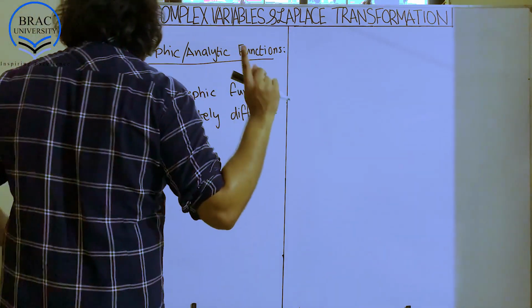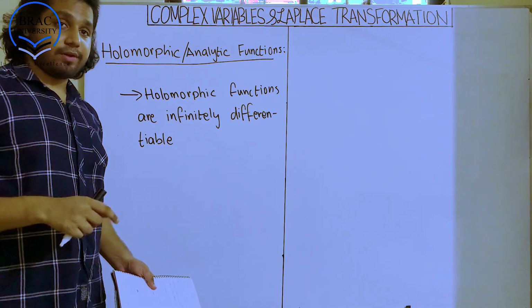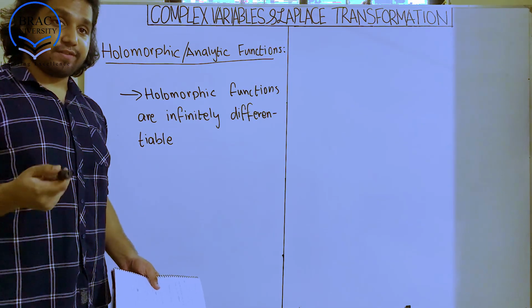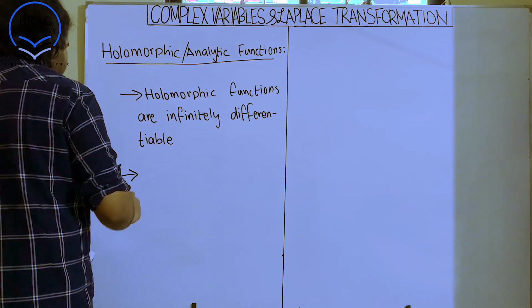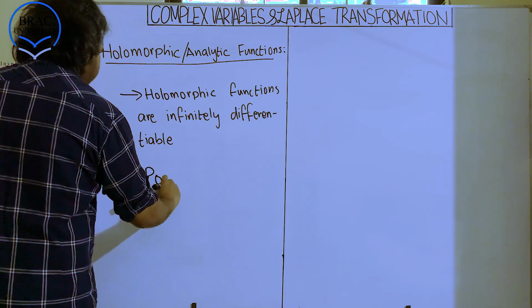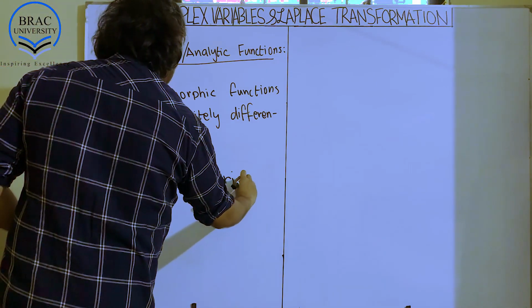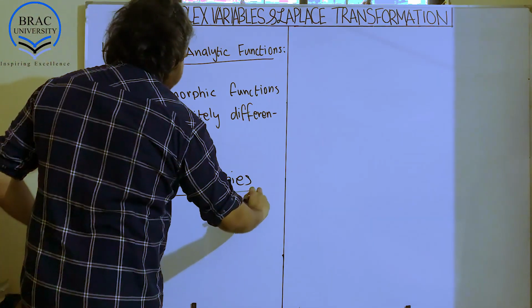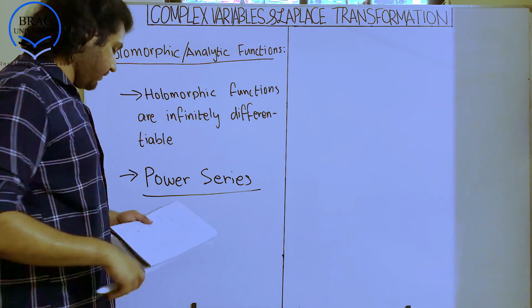Also, a very important part, which we're going to see in future videos regarding Taylor and Laurent series, is that f of z, if it is holomorphic or analytic, can be expressed in power series format. Don't worry about this too much because we'll get back to this when we discuss Taylor and Laurent series.